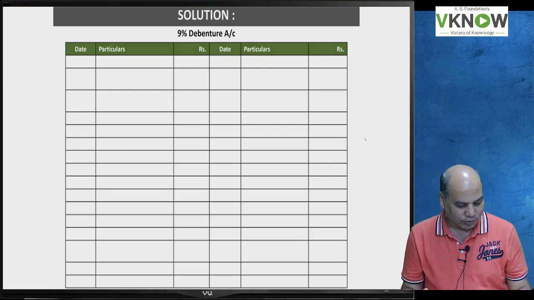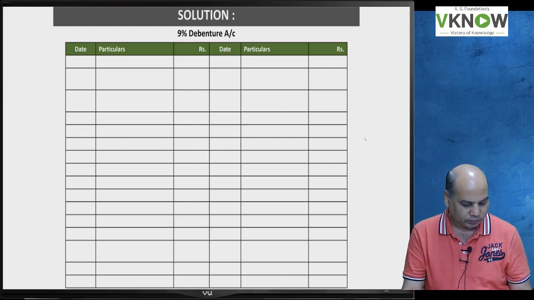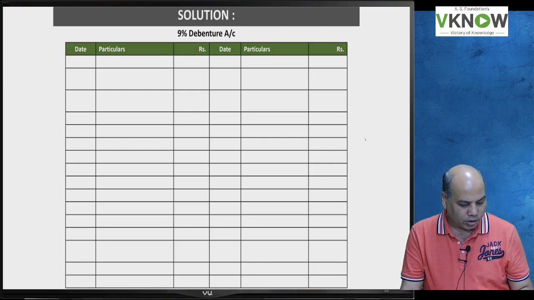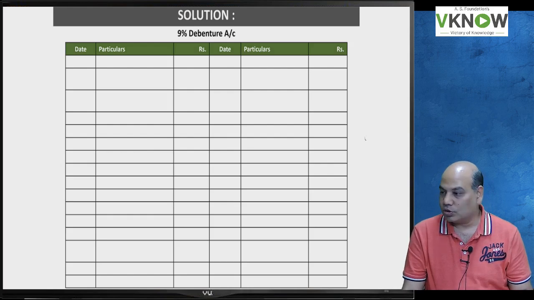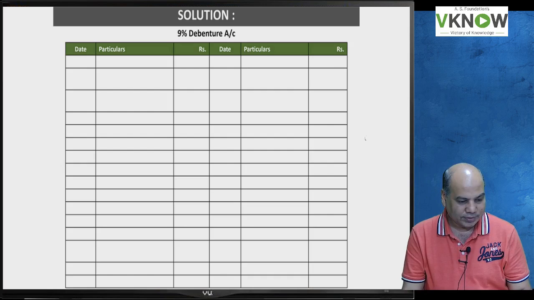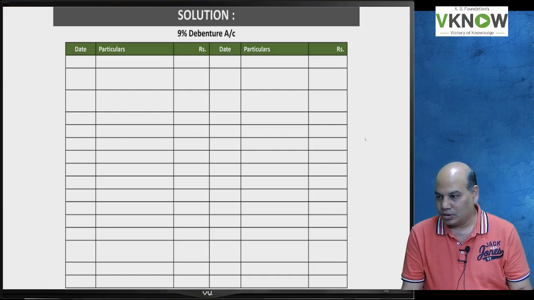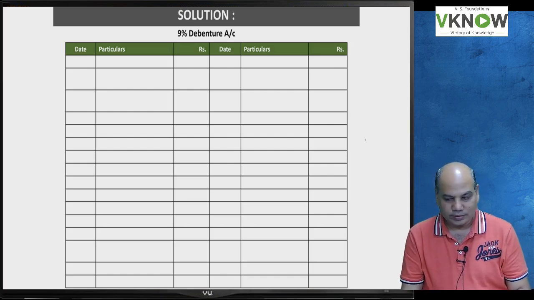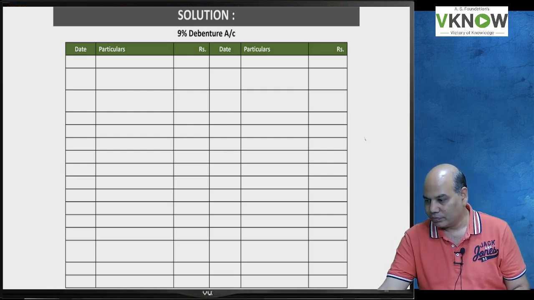One more note, write down, which they have not written. As the issue price is rupees 10 lakh and redemption value is also rupees 10 lakh, EIR is equal to coupon rate.